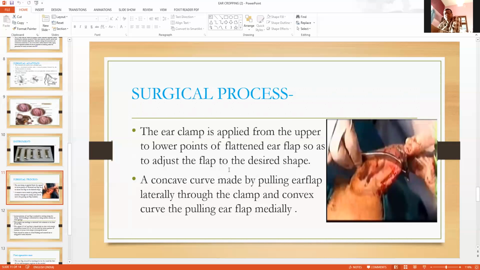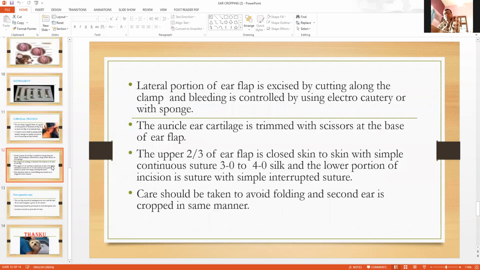A concave curve is made by pulling the ear flap laterally through the clamp, and a convex curve by pulling the ear flap medially. The concave one should be on the outer, lateral side, and the convex one on the medial side. So by putting this ear clamp, remember this.